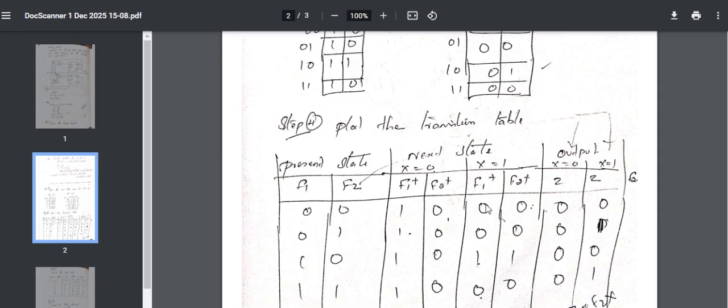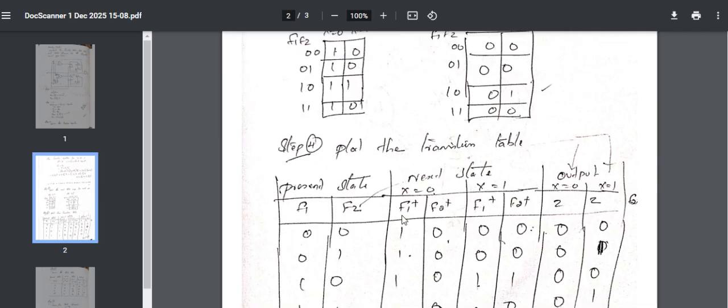So this has to be derived from the previous table. When the present state F1, F2 is 0, 0 and x is equal to 0, what is your output F1 plus? Listen again clearly. When the present state is 0, 0 and x is also 0, your output F1 plus is 1 here.